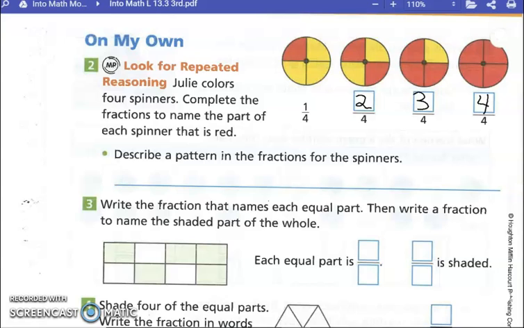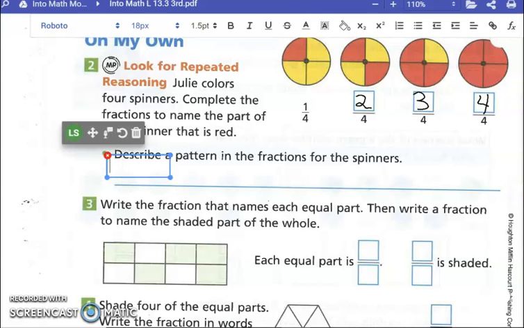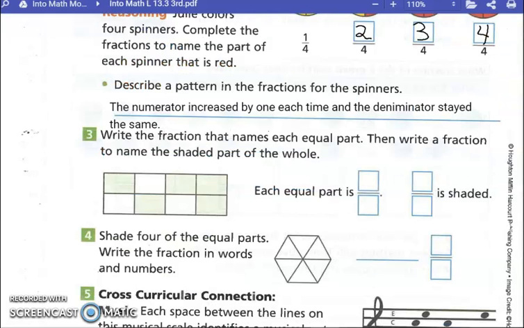Okay, I'm going to have to type that. So in number 2, we wrote the numerator increased by 1 each time, and the denominator stayed the same.